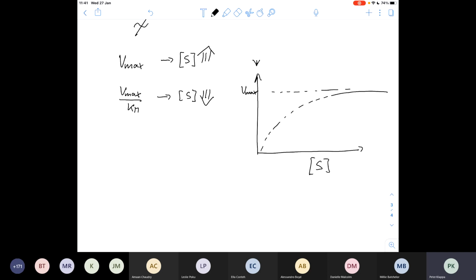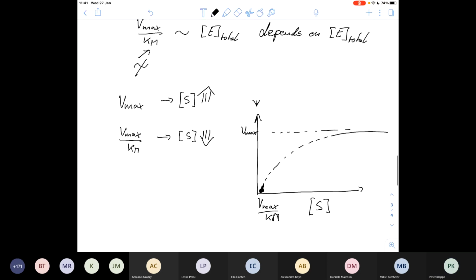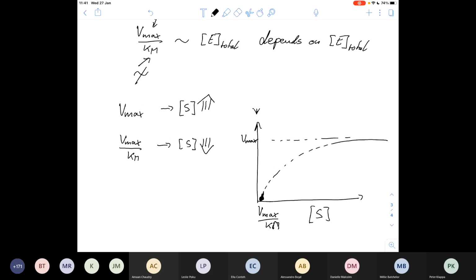And Vmax over Km is basically this gradient here, right at the beginning. That is Vmax over Km.